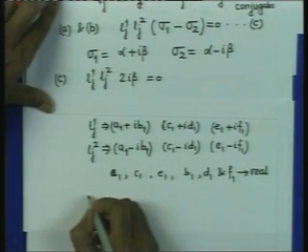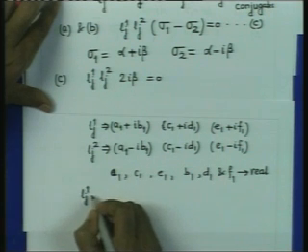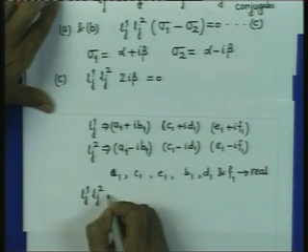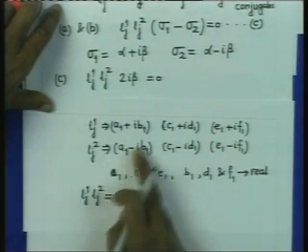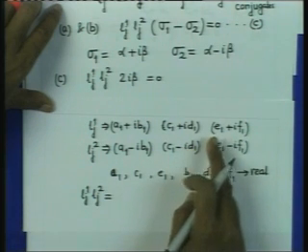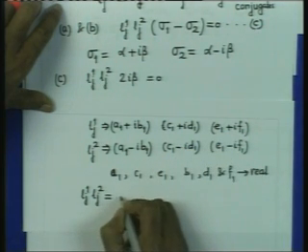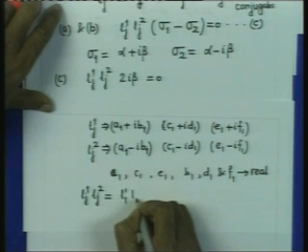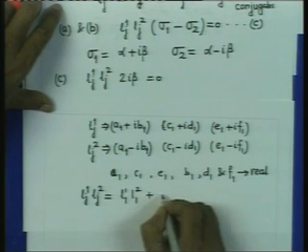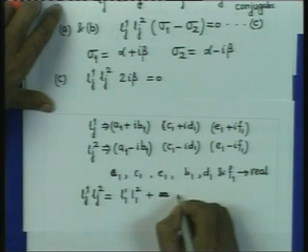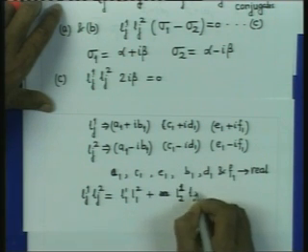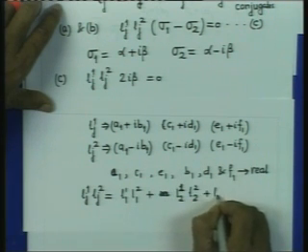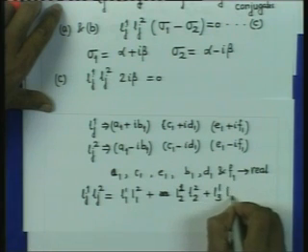So now, Lj1 into Lj2 should be equal to this multiplied by this plus this multiplied by this plus this multiplied by this. So, it is nothing but L11 L12 plus, I am sorry, L21 L22 plus L31 L32.